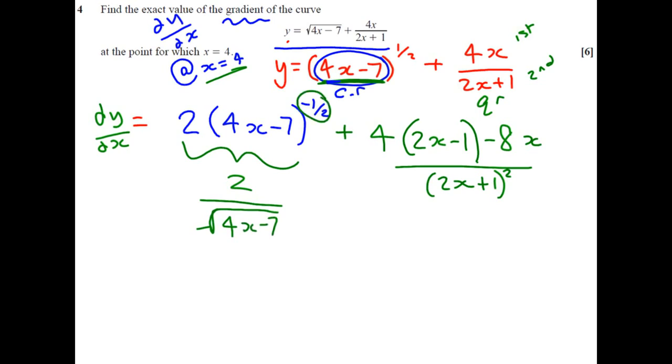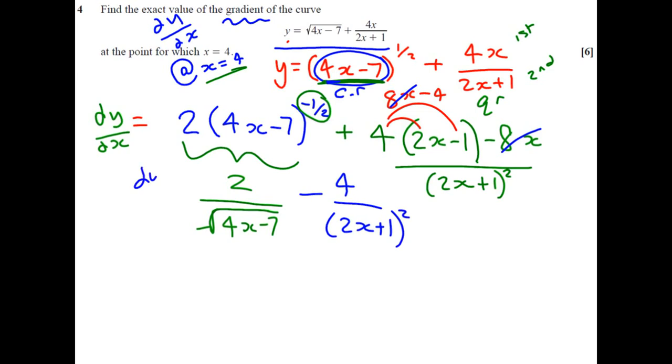Maybe I would simplify this bit, so it's going to be 8x minus 4. And look at what happens. That's quite cool. This 8x is going to cancel this minus 8x. So you get minus 4 over (2x plus 1) squared. That's dy by dx.